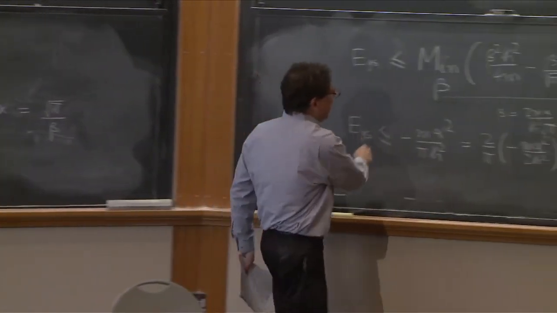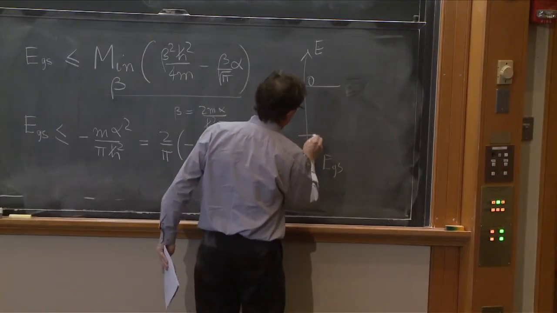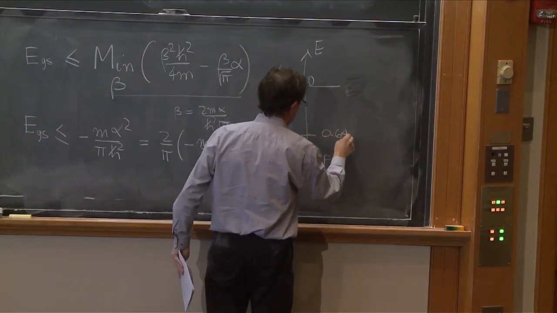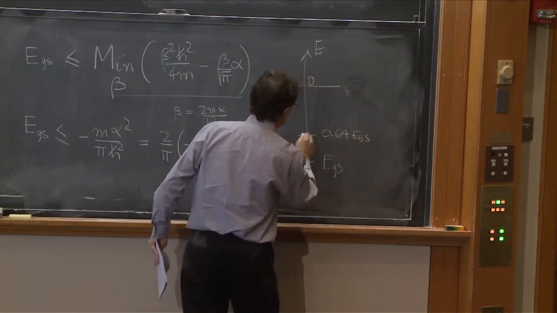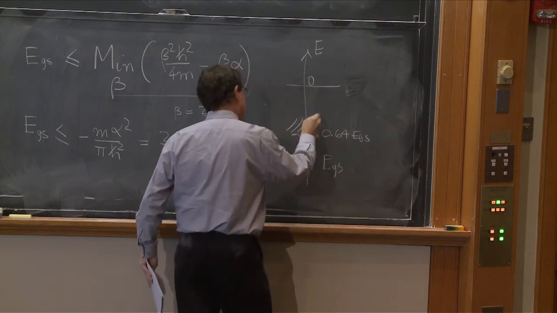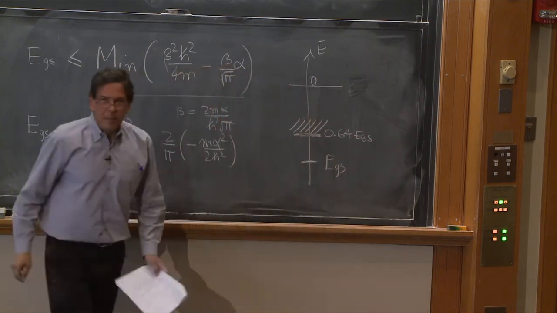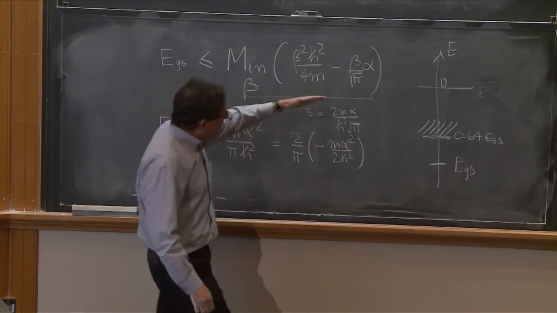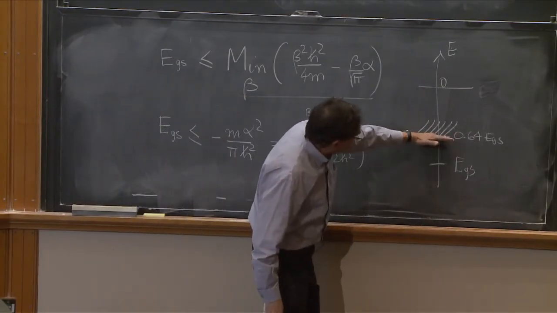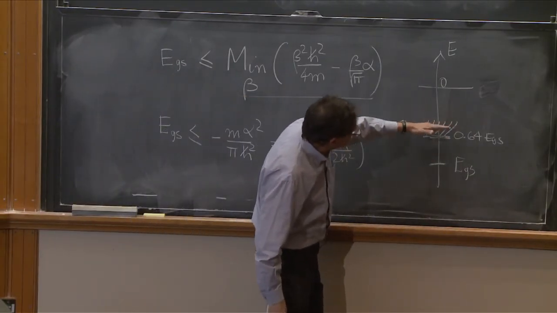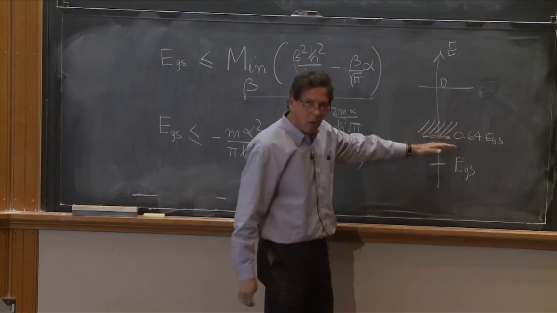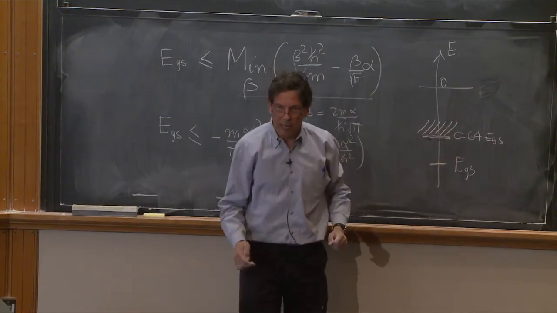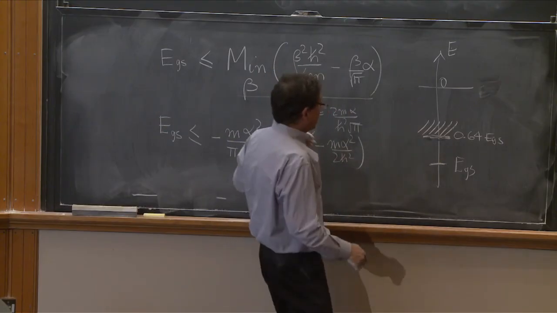So the bound says that here is 0.64 EGS. So that's what the bound told you. The ground state energy must be lower than this quantity. We got close, not impressively close, but the wave function was not all that bad either.